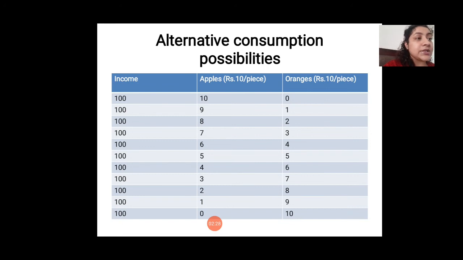So these are the possibilities with a limited, given income of rupees 100; this is what a consumer can buy. Now, out of these possibilities, which will give him the maximum satisfaction? We'll discuss this after we discuss the budget line.